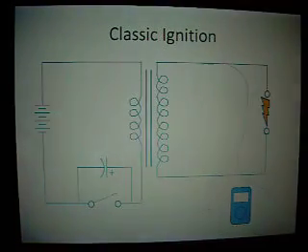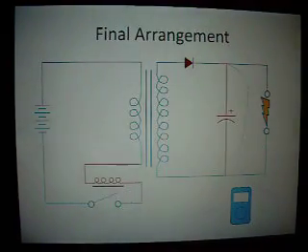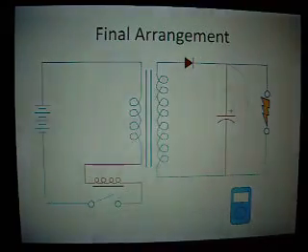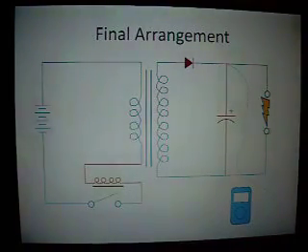And so I thought I might try to put that to use, and so I added a couple of components, a rectifier diode and a large electrolytic capacitor. And the idea is, with repeated opening and closing of the switch, I could store up enough sustained voltage to get a spark.